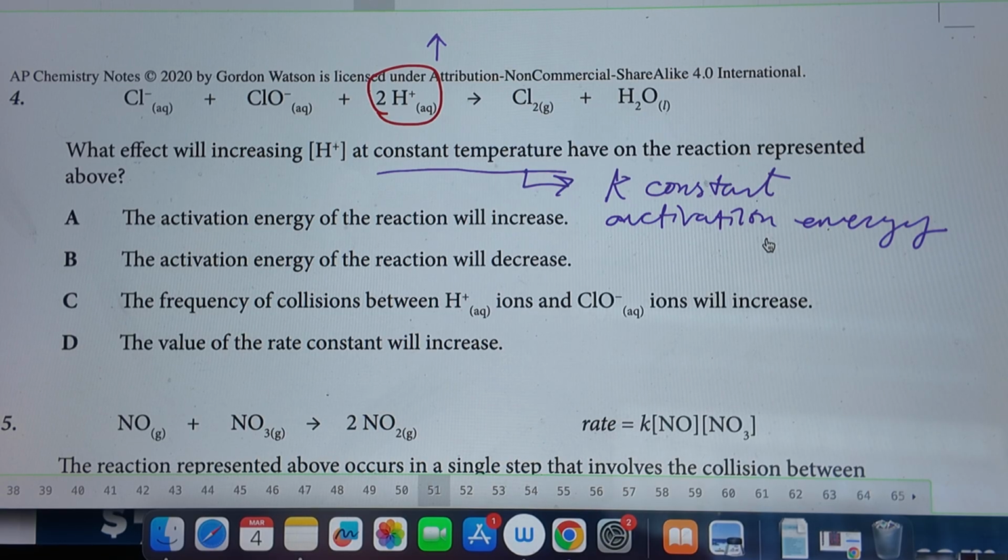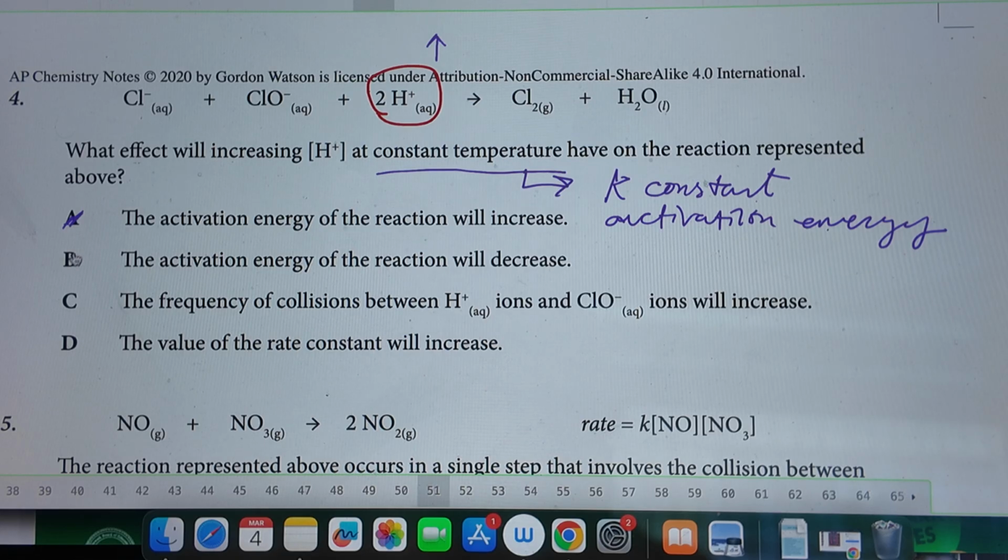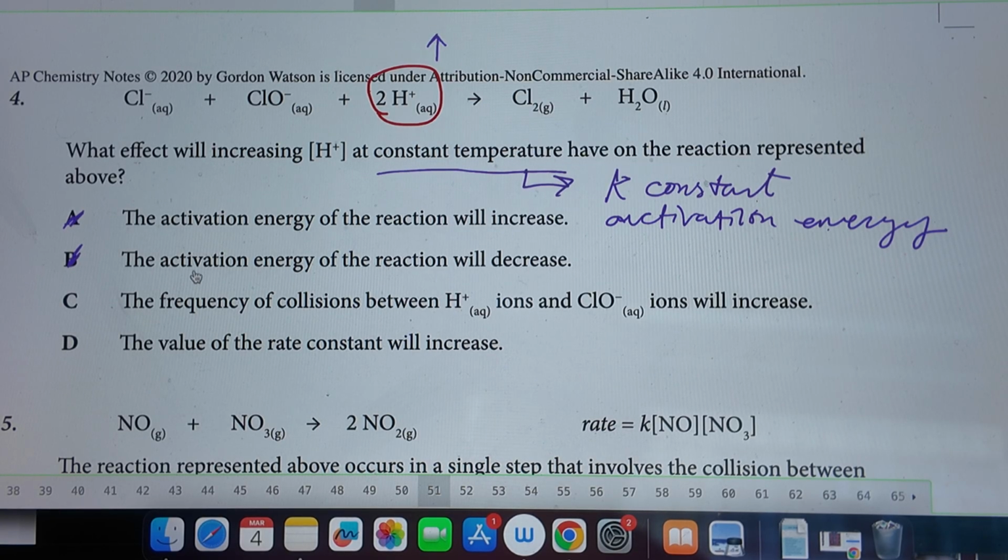Let's see. The activation energy of the reaction will increase. That's not true. The activation energy will decrease. No, these will stay constant. Okay, the frequency of collisions between H plus and ClO minus will increase. Yes, that will increase. There's more H plus here, and it's a reactant.